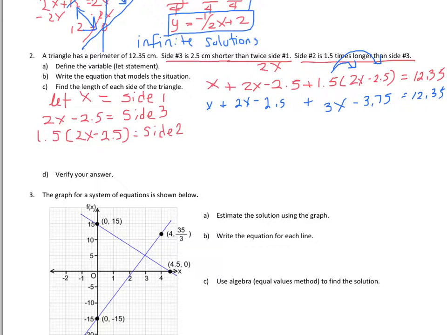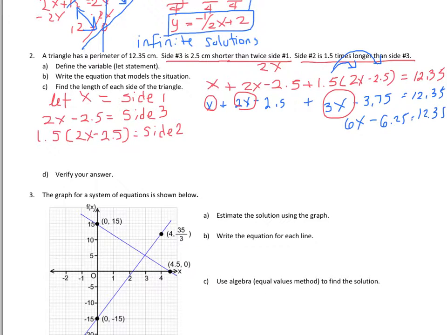Now I need to count up my x's. I have got 1, 3, 6 total x's. So I have got 6x, and negative 2.5 and negative 3.75 add up to minus 6.25.